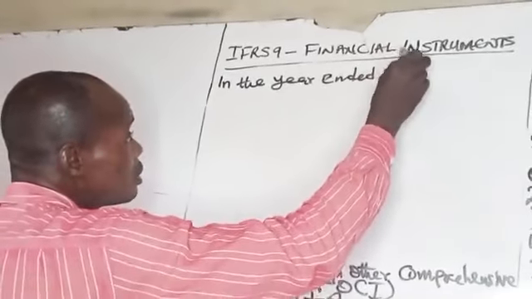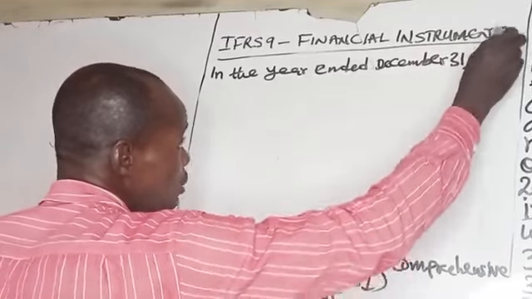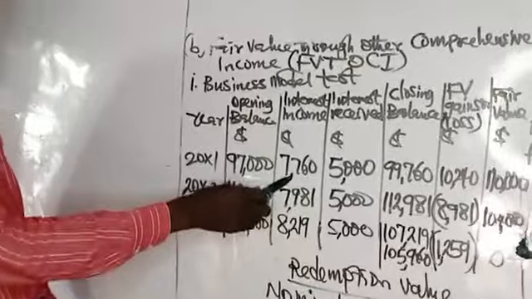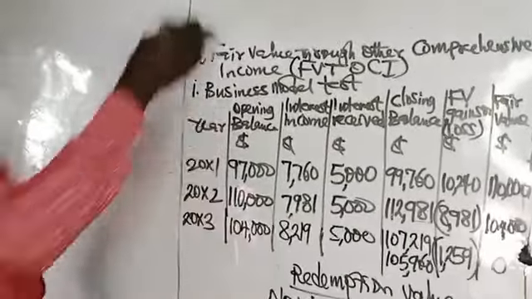In the year ended December 31st, 20X1, you have the interest income of 7,760. This will be recognized in the statement of profit or loss.